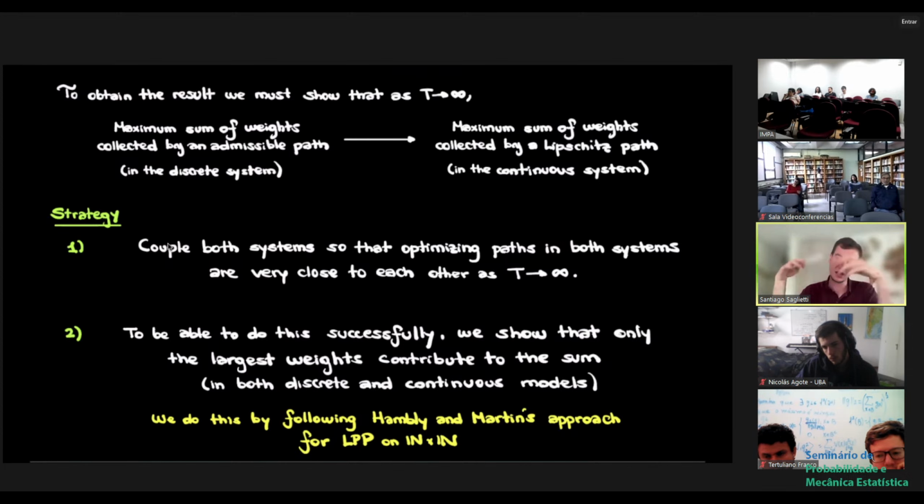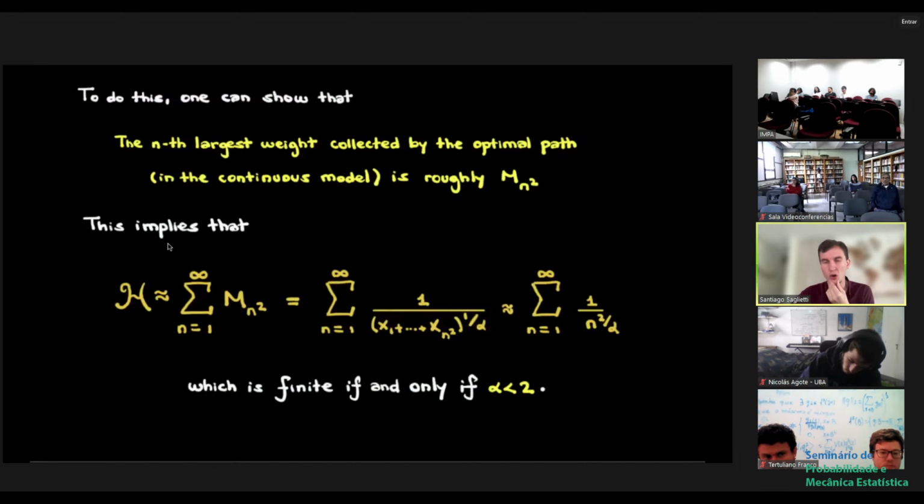And once I have two systems with a finite amount of weights, I can couple them, with some work, but I can couple them. And once I can couple them, I can show convergence of the maximums. And so this is going to be my last slide.